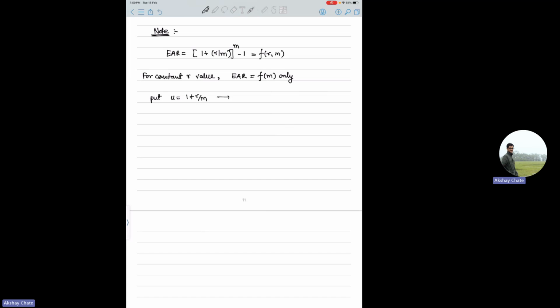So EAR is nothing but u power m minus 1. Now if you do this du equal to this, what should you get?